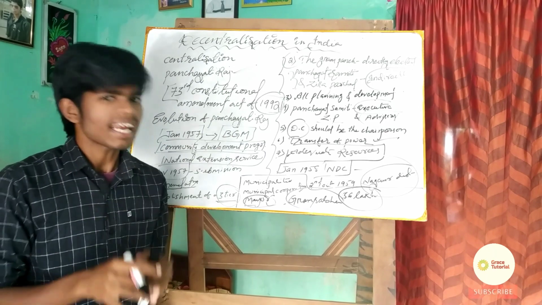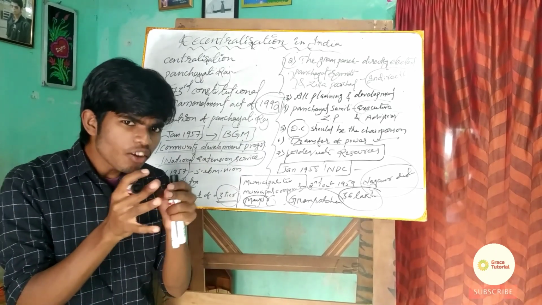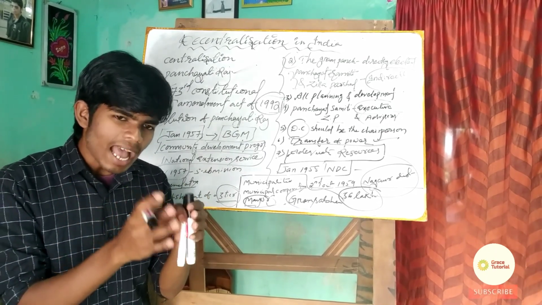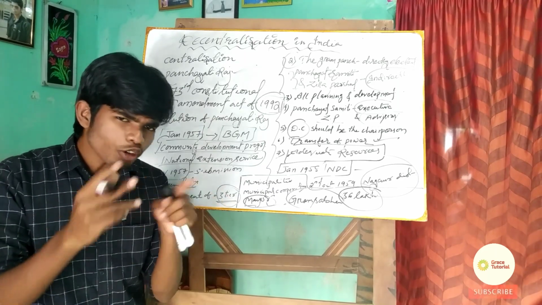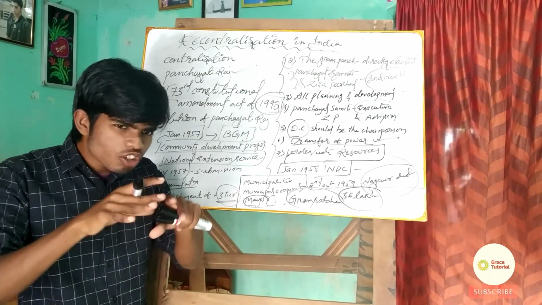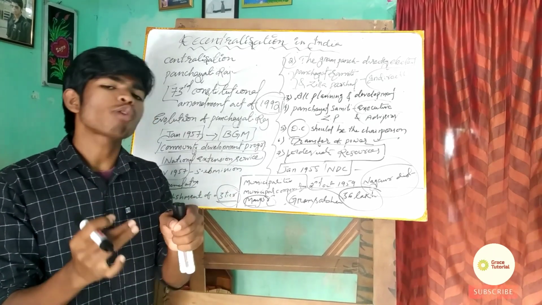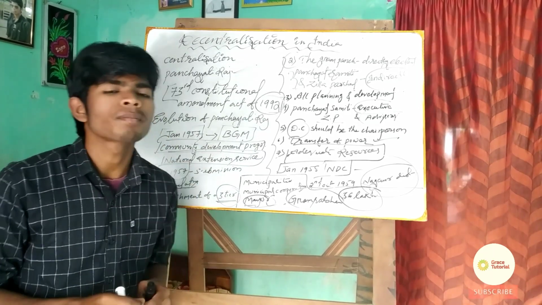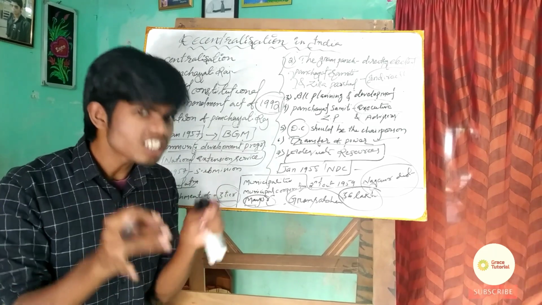So you need to understand the difference between before this amendment and after this amendment. What are the major steps taken towards decentralization in 1992? You need to mention all these points.